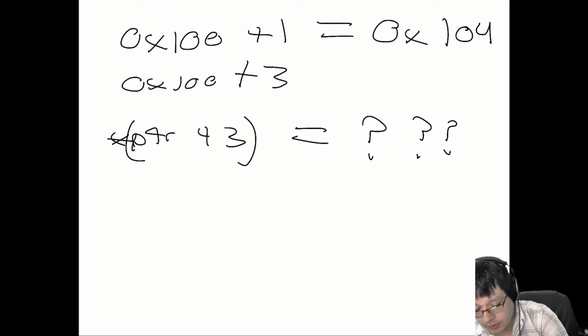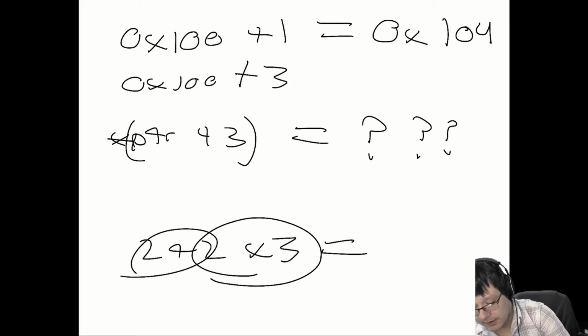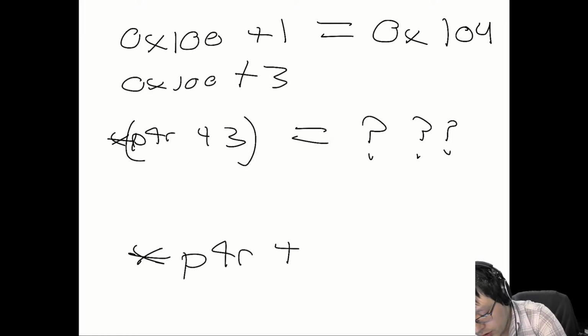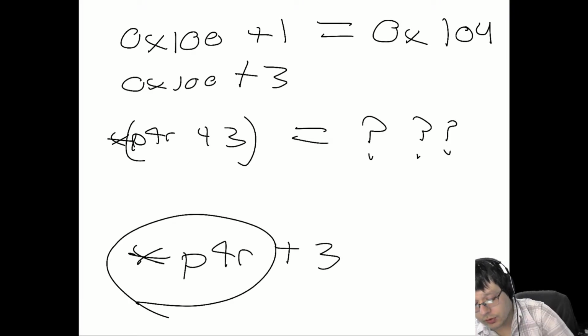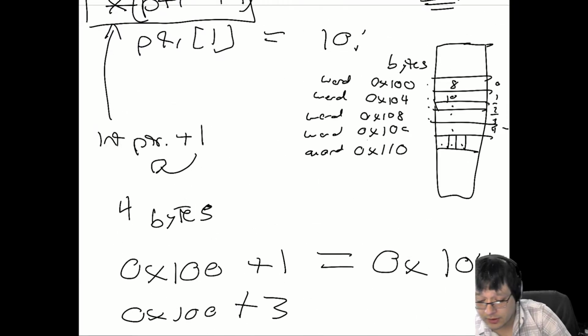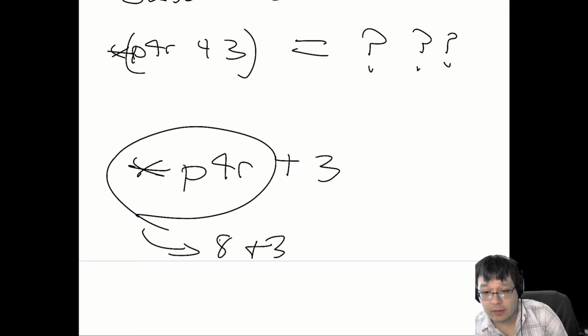Think about when you're doing 2 plus 2 times 3. In this case, you multiply first before you add because that's the order of operations. So what happens with the dereference operator here is that if you just do PTR plus 3, this is going to dereference PTR. So it's actually going to give you the location of PTR, which is like 10 or whatever that has in there. So whatever is here, 8. And then you're actually just adding to the value of PTR.